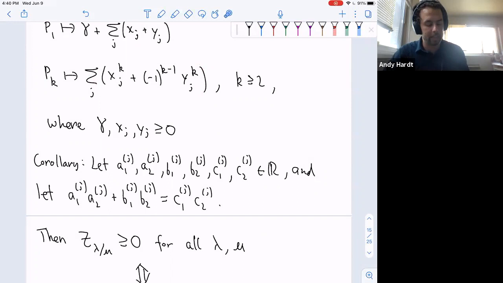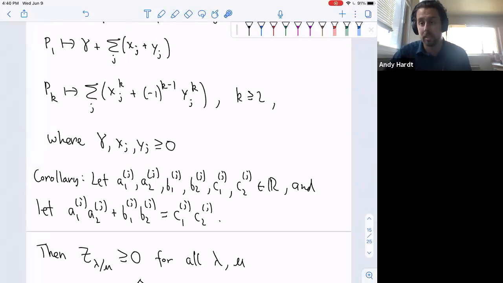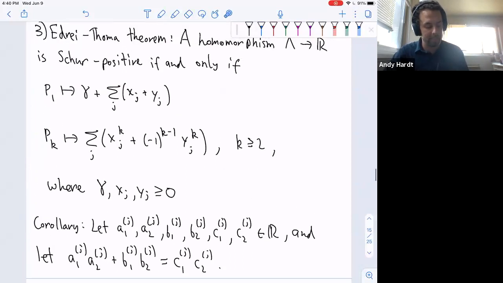The other thing I thought was interesting here is that the one thing we don't use from Edgeratoma is this gamma. The P1 is allowed to go to some constant plus this, and if that constant's positive, the thing is positive. The obvious analog would be delta, the A1 A2 plus B1 B2 minus C1 C2 divided by A times B or something.